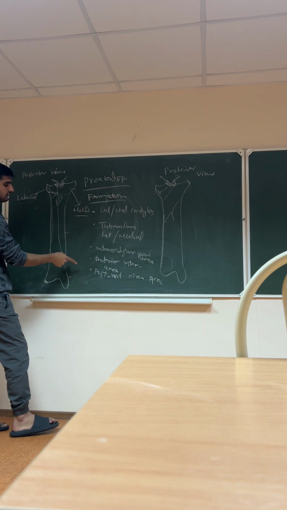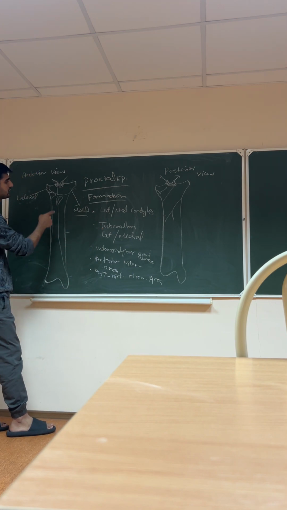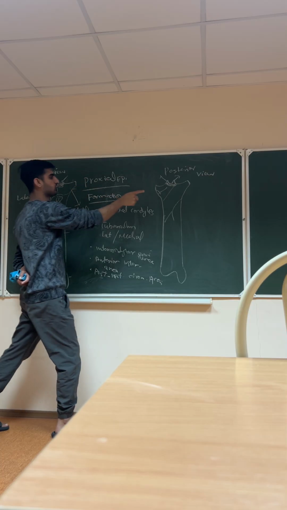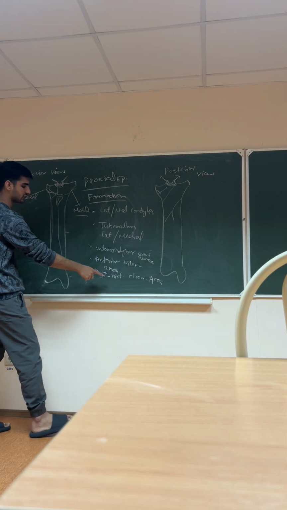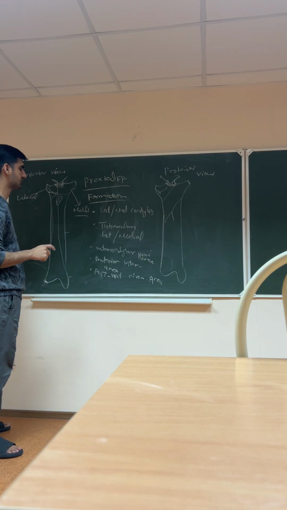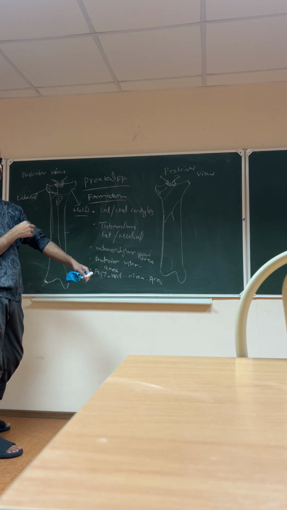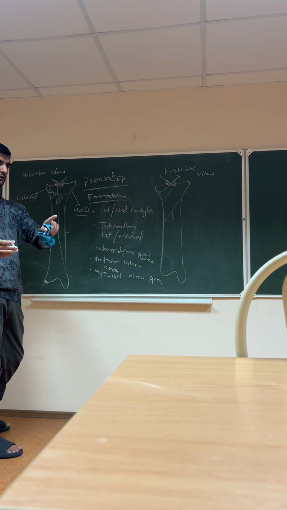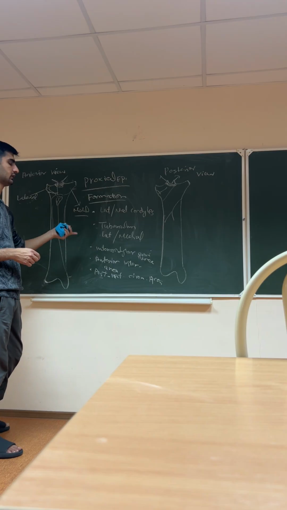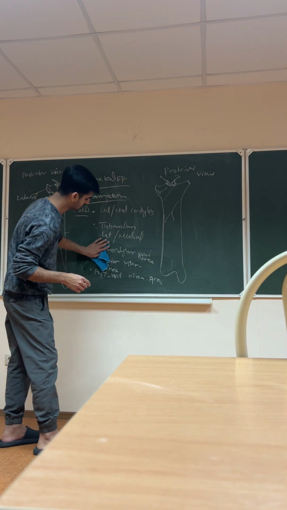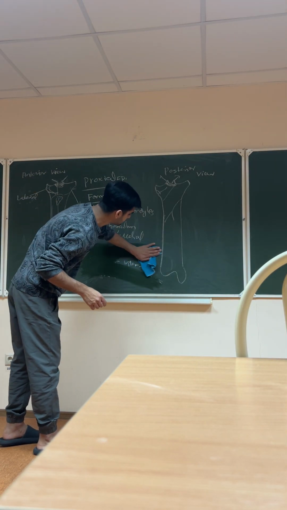Continuing, we have the anterior and posterior intercondylar areas. This is all the formation of the proximal part of the tibia, os tibia.